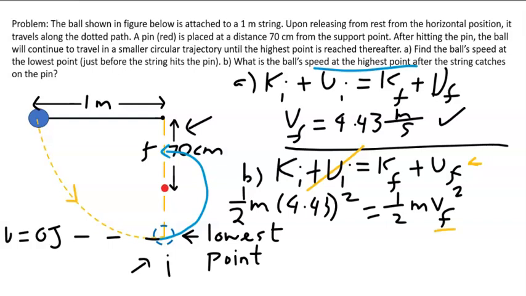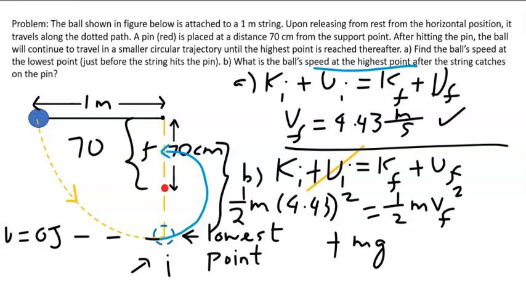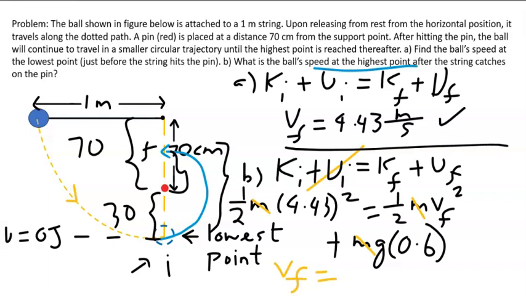So this is the speed there, which is what we want to determine. Now U sub f, potential energy there, so plus mg times this entire height. Note that this is 70 cm, so this must be 30 cm, so 30 cm times 2 is 60 cm, so 0.6 meter. Mass cancels, and you can determine V sub f, which will turn out to be 2.8 meter per second. And that solves the problem.